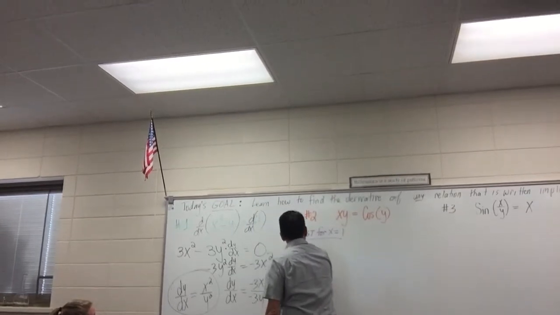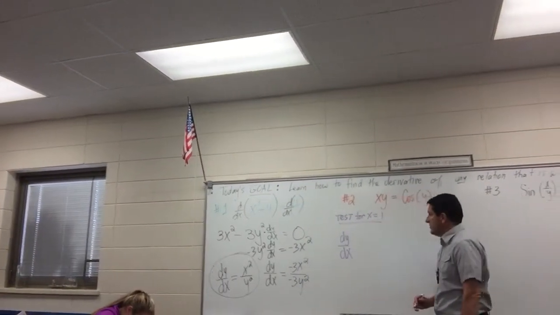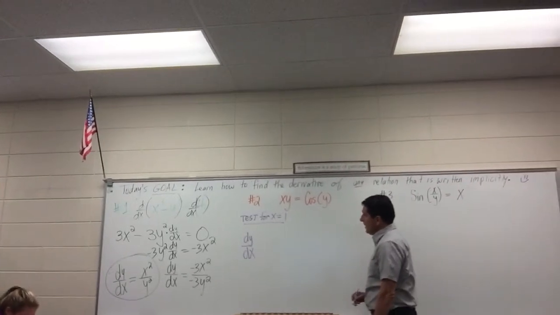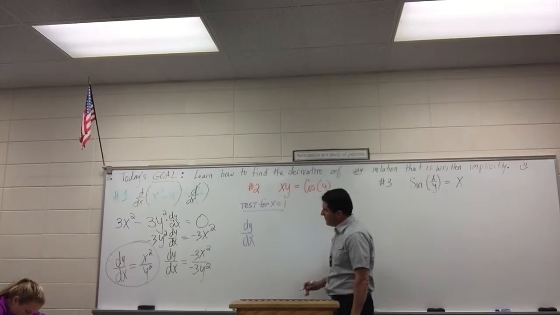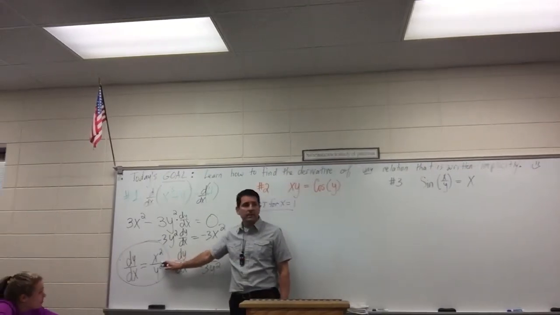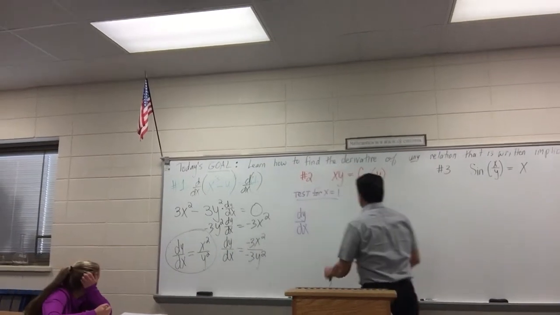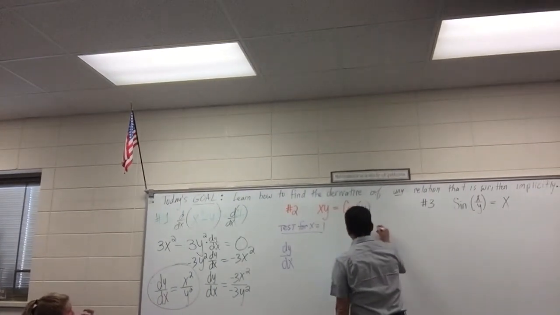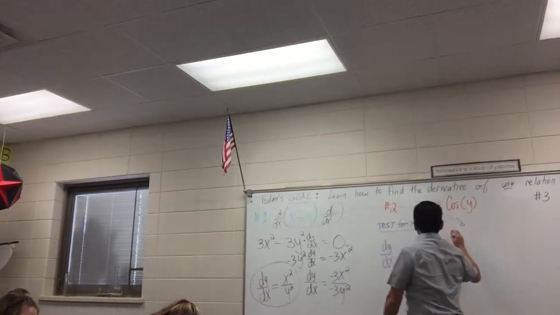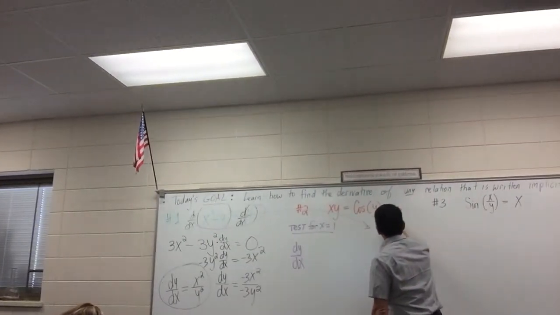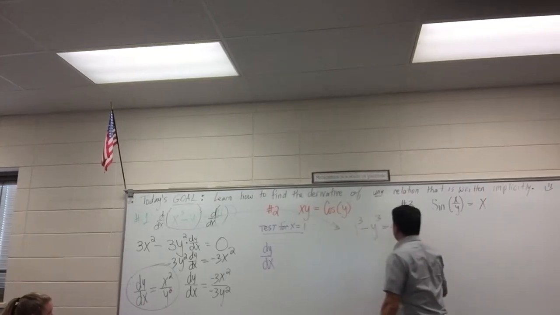Okay, well, dy/dx, and I'm going to show you a new notation here. dy/dx, and I want it evaluated at x equals 1, but do you see that I also need the y value? That means I've got to plug x equals 1 into the original. I got 1 cubed minus y cubed equals 4.